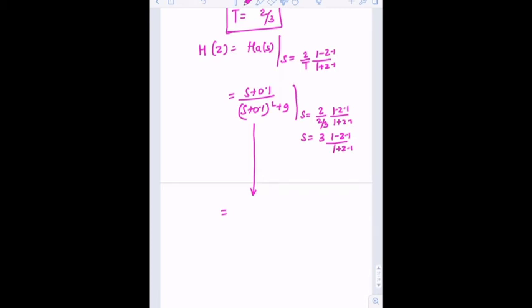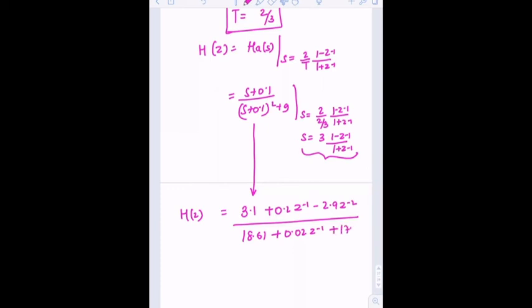Putting the value of this s, we will get H(z) = (3.1 + 0.2 z^-1 - 2.9 z^-2) / (18.61 + 0.02 z^-1 + 17.41 z^-2).